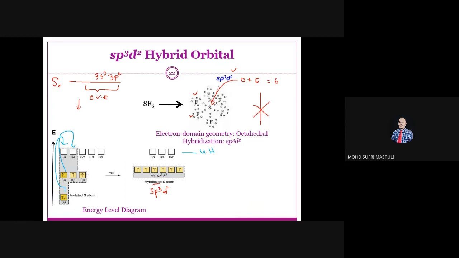Okay, so the geometry is similar, sulfur in the middle, and then we have to draw the octahedral.